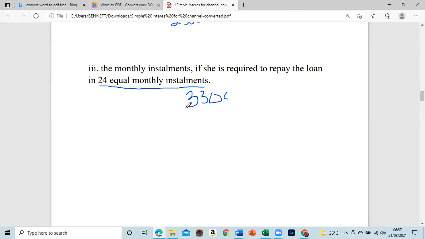So over a 2-year period, or 24 months, it will be divided by 24. That was pretty straightforward. Remember, she is going to pay back 3,300 over the period. So each month she would pay 137.5.